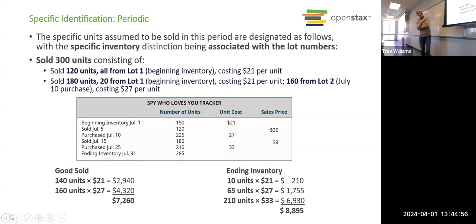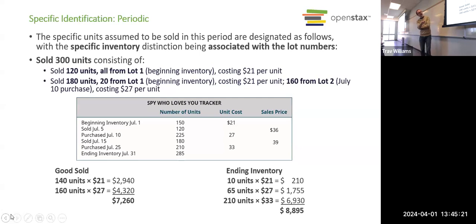Then we make another sale. We sell 180 units. But with the second sale, they didn't all come from the same lot. 20 came from lot one. So that means there's 140 total that came out of lot one, and we can see that down here. 140 units at $21 each is the total cost of what we sold out of the first lot.